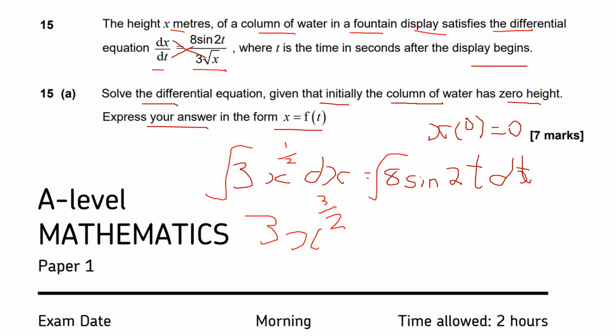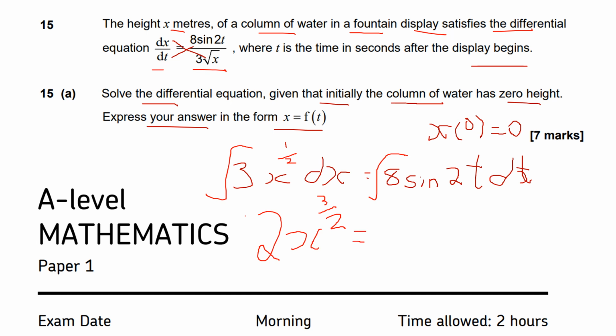The 3's are going to cancel when you do that. So I'm left with 2x to the 3 halves. Sorry if I'm jumping a step there, but you have 3 times 2/3, which is 6/3, which is equal to 2. Check that yourself if you're unsure.